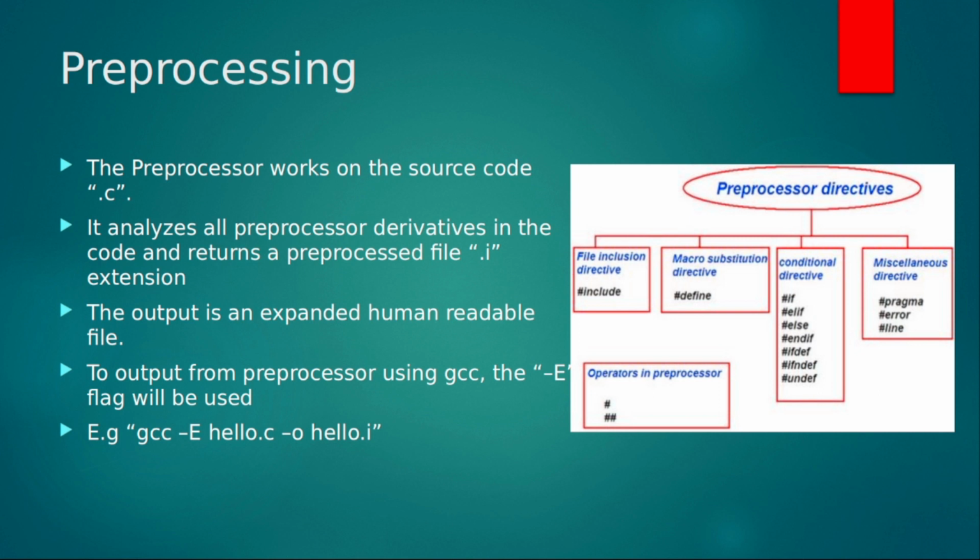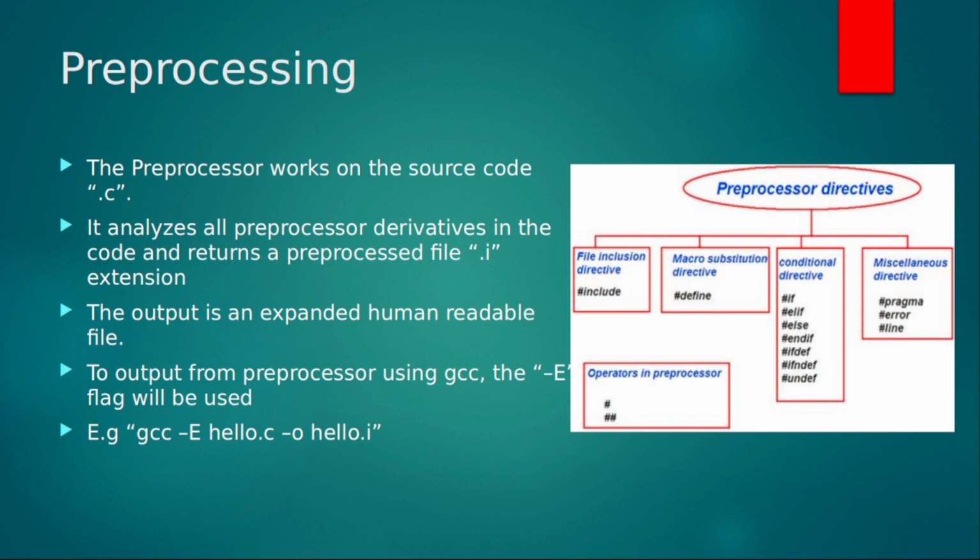Later on we may get to check all preprocessor directives, but we are used to the include that we've used all this while. We have used include in our program. So far we've used include stdio.h in this program.